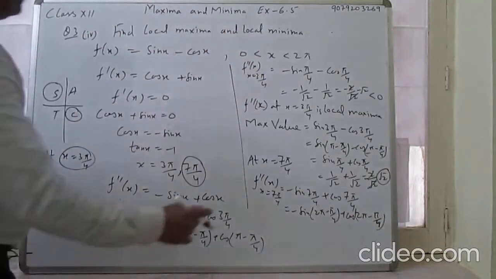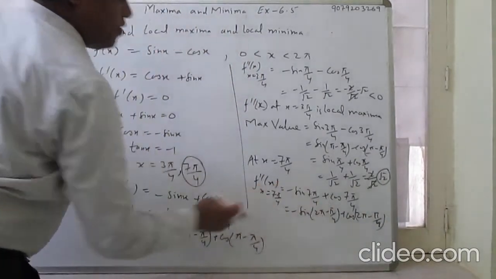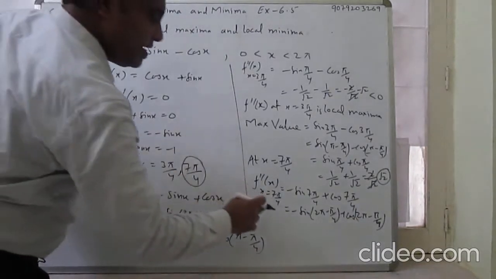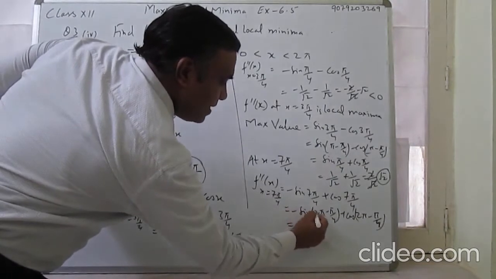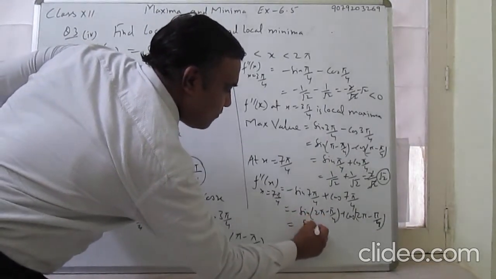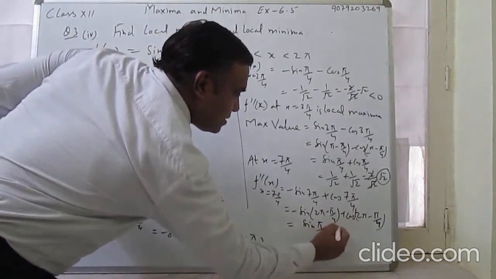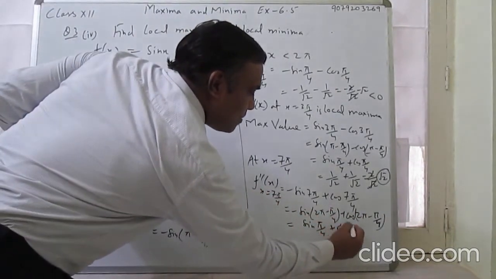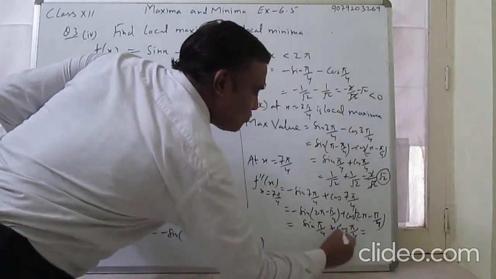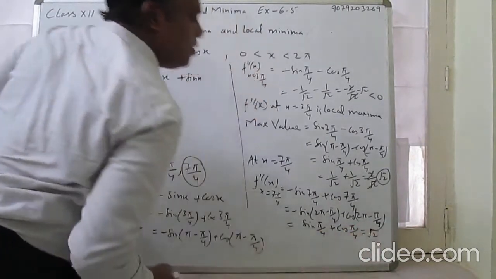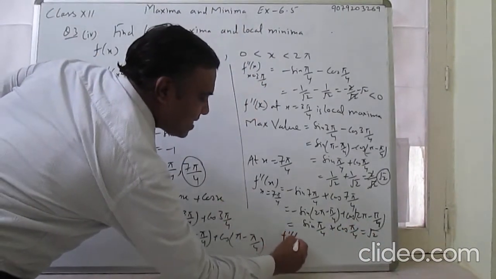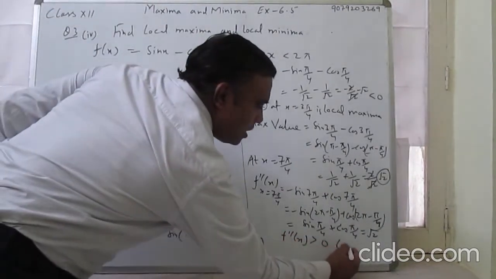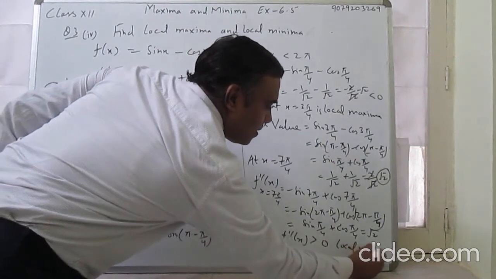Now see here, it is the fourth quadrant, in which cos is positive and sin is negative. So it is minus and minus, sin pi by 4 plus cos, which is positive, so plus cos pi by 4. So it comes 1 by root 2 plus 1 by root 2. It is f double dash x greater than 0, so it is local minima.